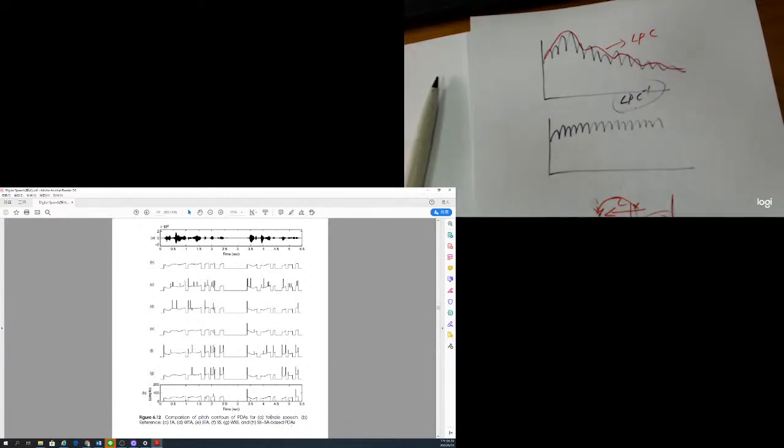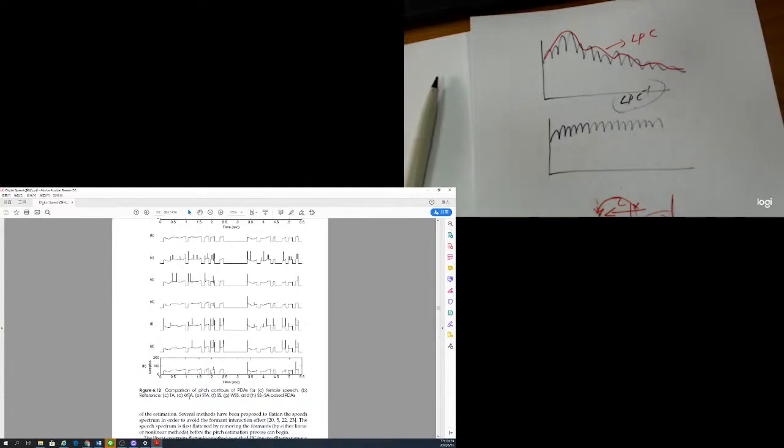A is a female speech. B is the pitch information. C is time domain autocorrelation. D could be another weighted WTA. I have to double check.